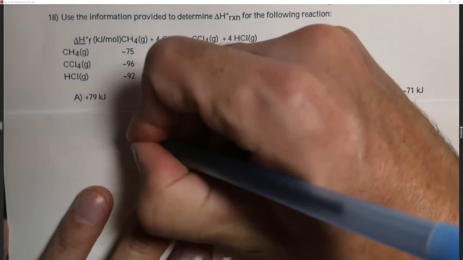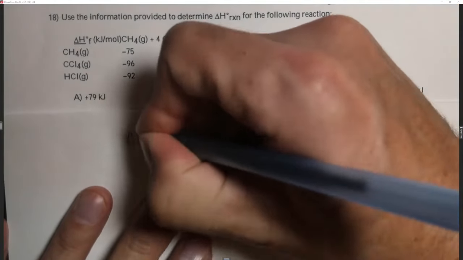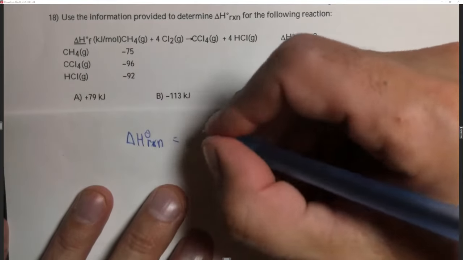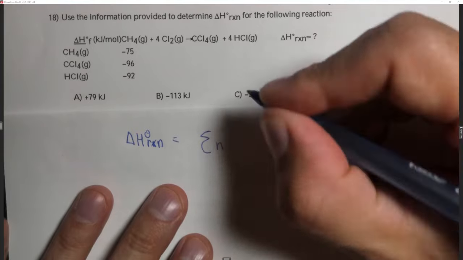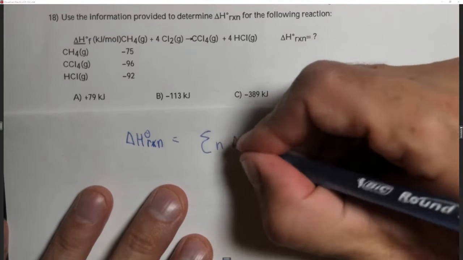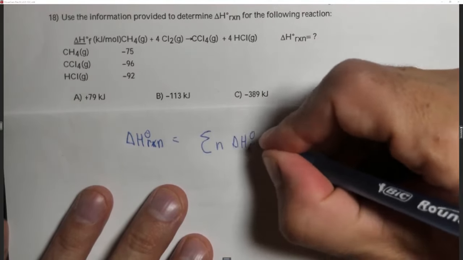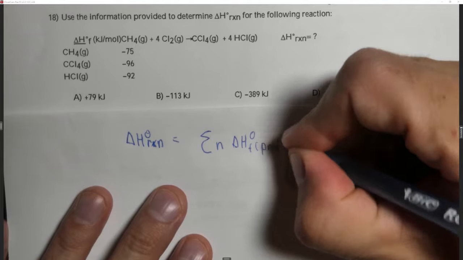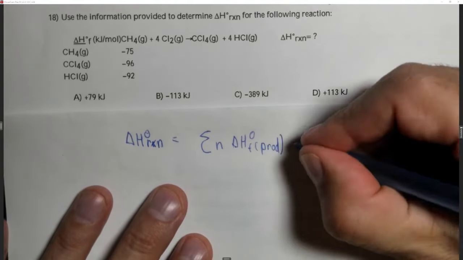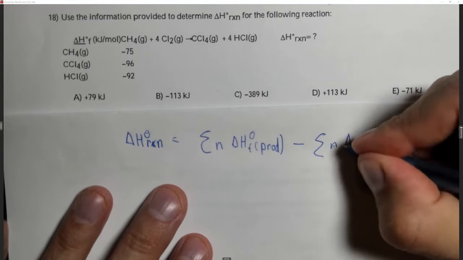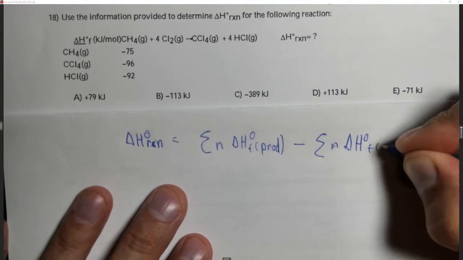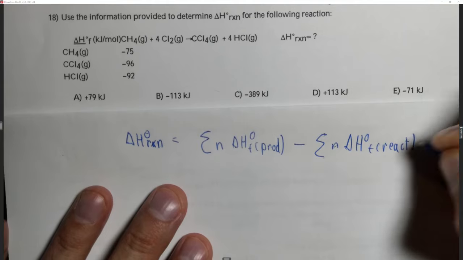And that is the delta H of the reaction is equal to the summation of n times the enthalpy of formation of the products, so the positive value for the products, minus the summation of n times the enthalpy of formation of the reactants.